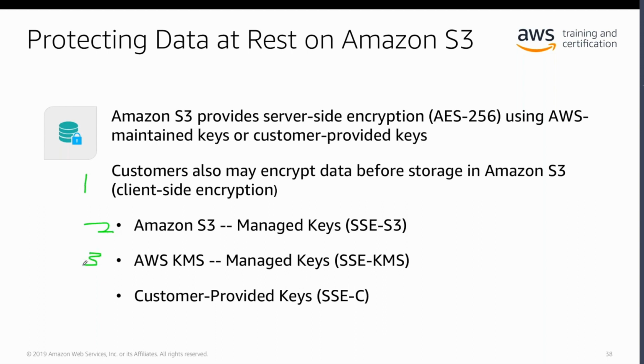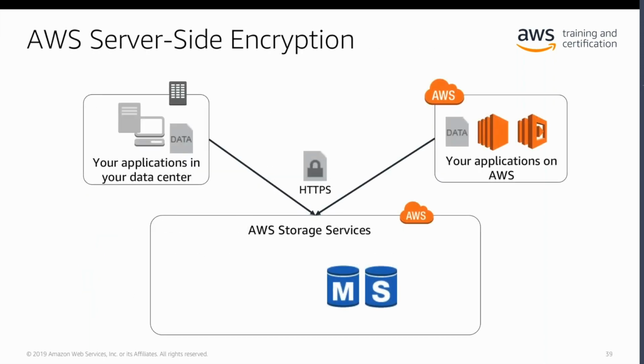You could create your own key in the KMS, and we'll encrypt it for you automatically with a key that you created. That's called SSE-KMS. Or you could tell S3 to encrypt it, and you could pass S3 an encryption key to actually use to encrypt the data. That's called server-side encryption, client-supplied keys. So it's well worth your time to make sure that you know those 4 ways to encrypt data on AWS.